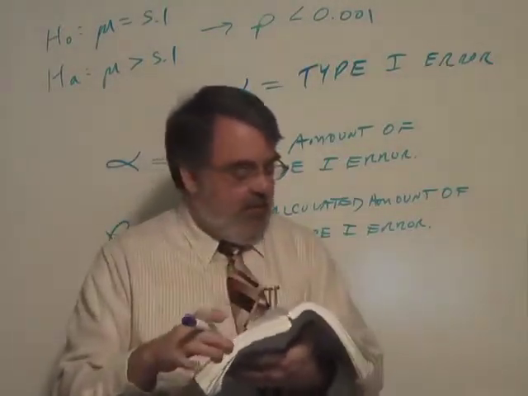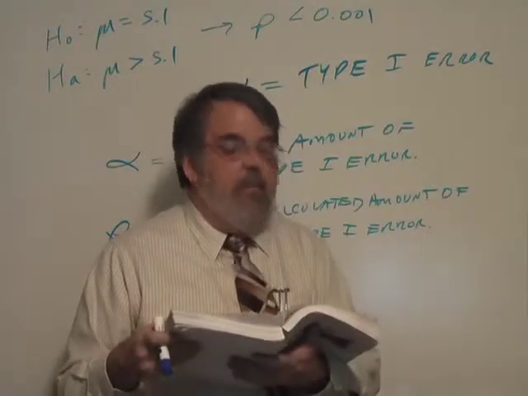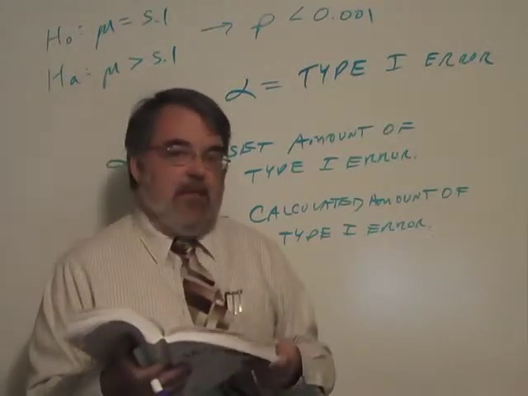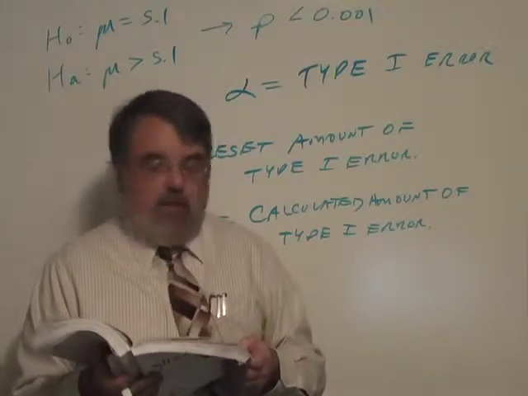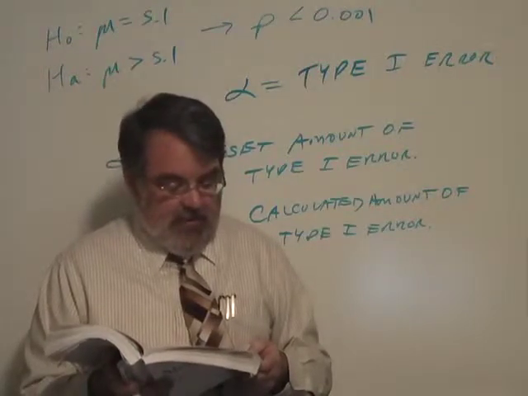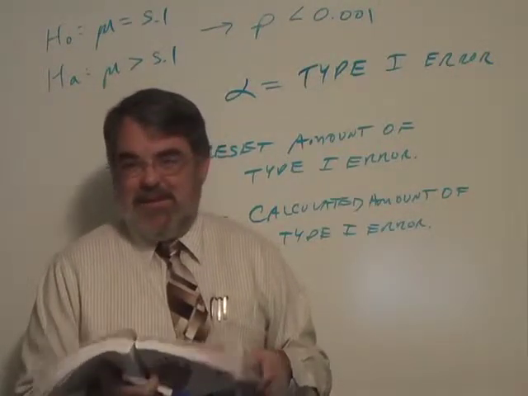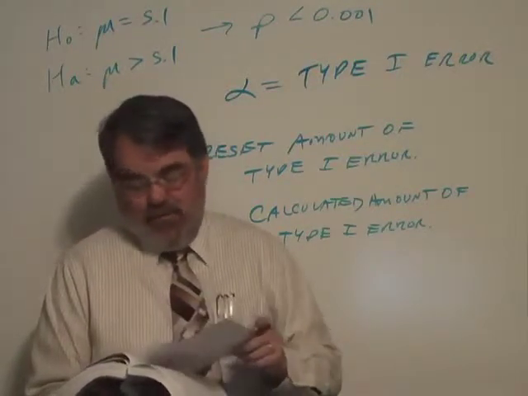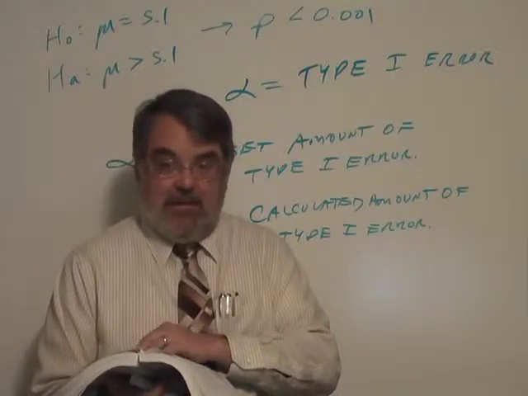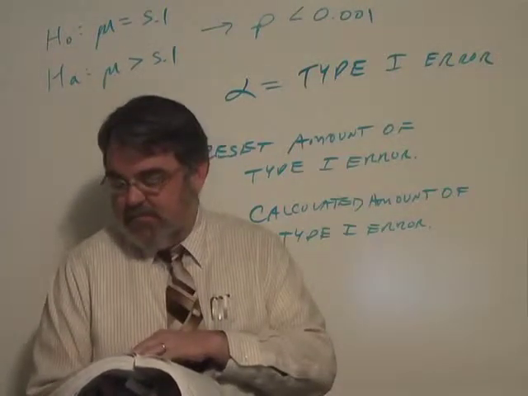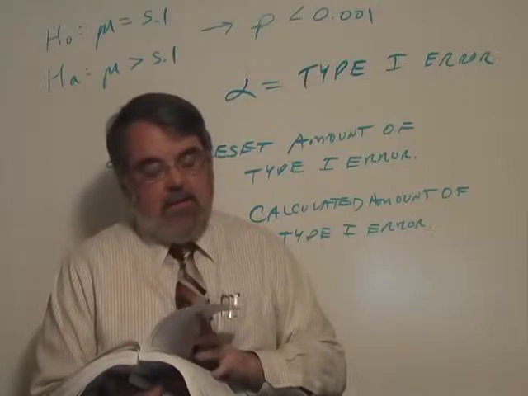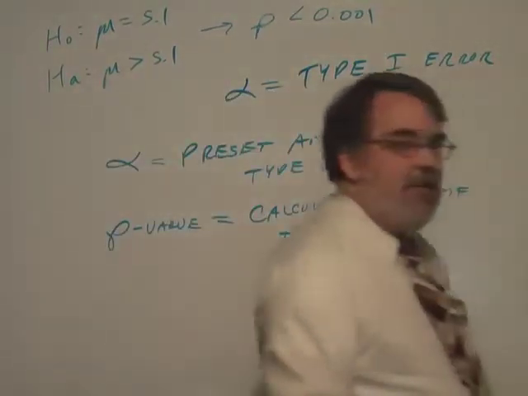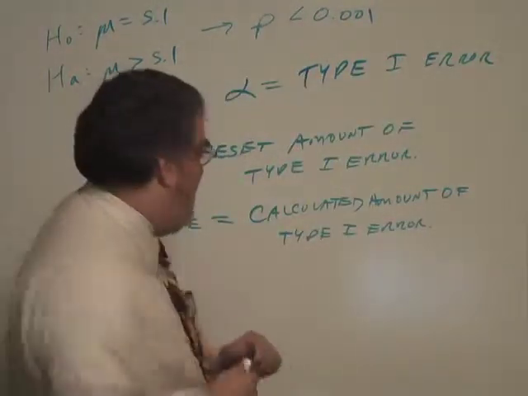So, what else can we get into here? Page 272 says, near the bottom left-hand corner, when a null hypothesis is rejected, the sample result is statistically significant. All right, so I want to talk about that notion of statistical significance. There are two kinds of significance as I see it.